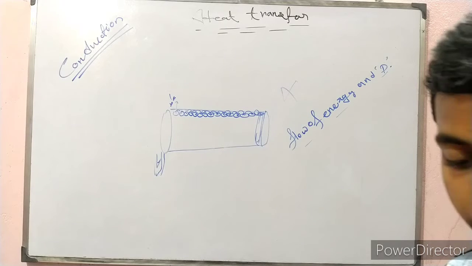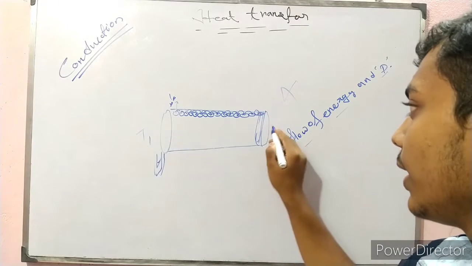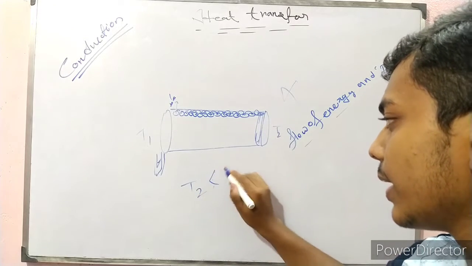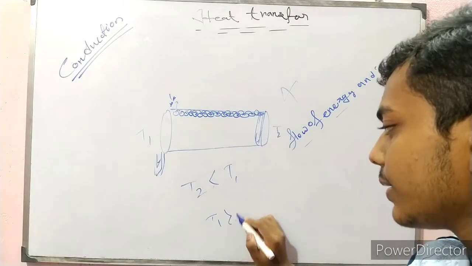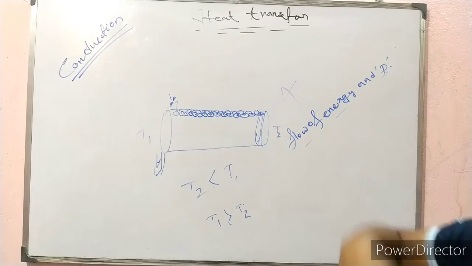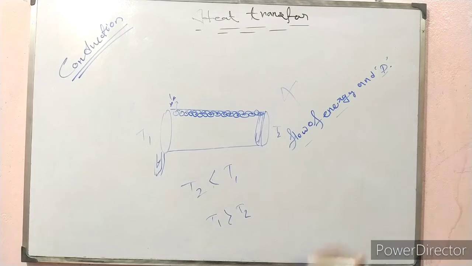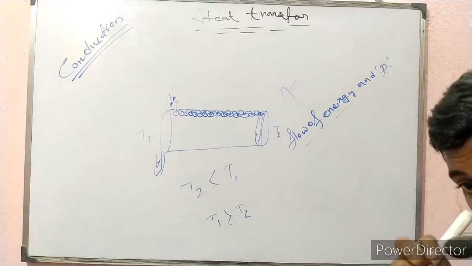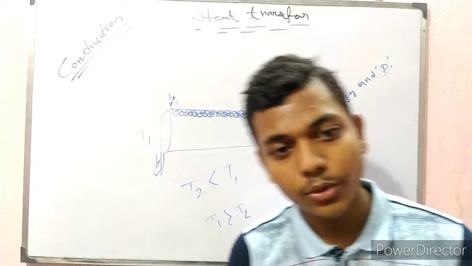At first we can write here that the temperature of this end is T1 and this is T2. T2 is less than T1, meaning T1 is greater than T2. This is conduction. I hope the conduction process is clear to all.